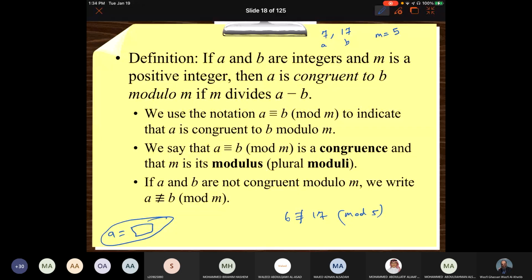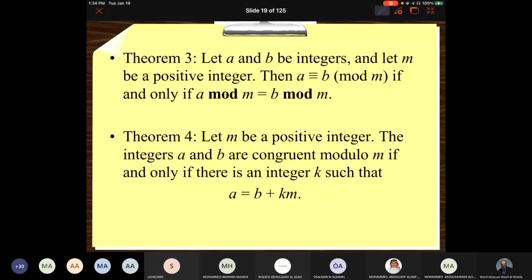Doctor, can we say 7 equals 17 mod 5? Yes, and we will say it explicitly here. See, theorem 3 says: let A and B be integers and let M be a positive integer.